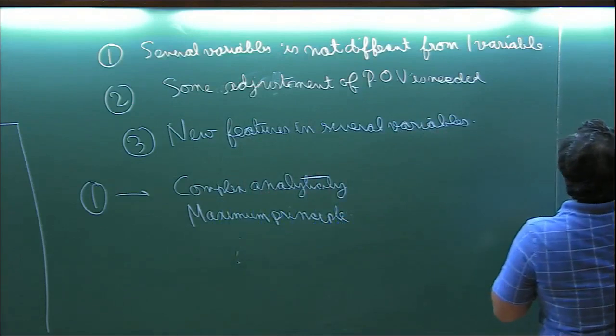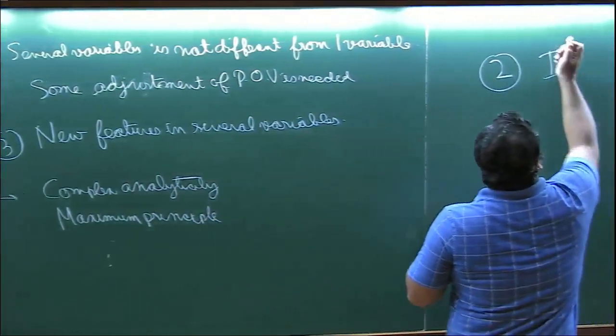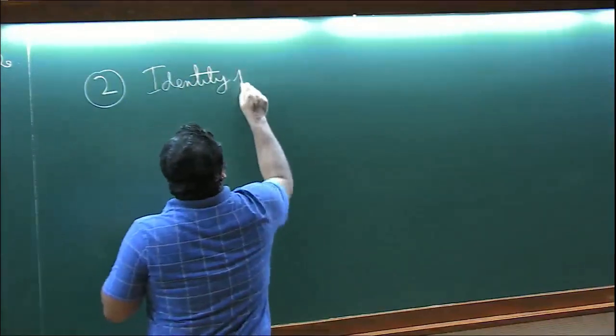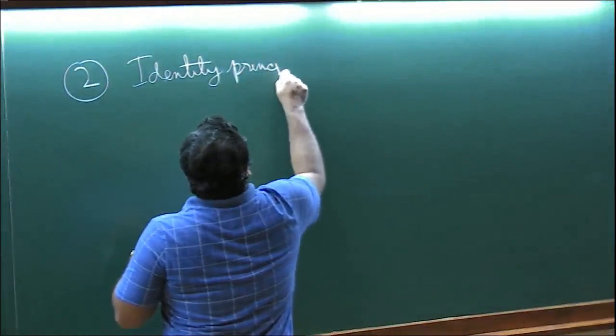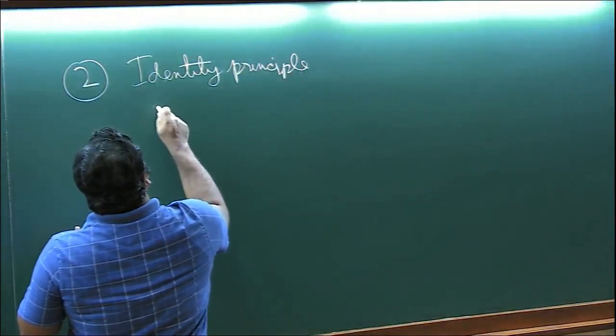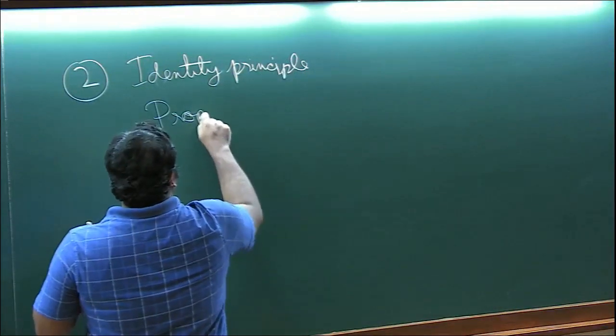Let's look at an example of the second kind. Let's look at the identity principle. The following version of the identity principle does hold in several variables, including one variable, of course.